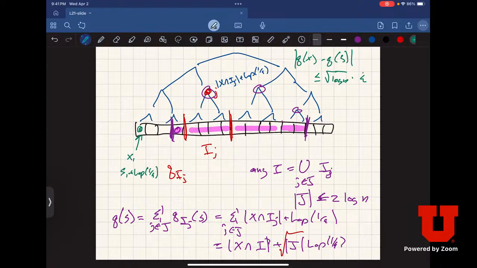So that's how much noise I have. If I want a lot of privacy, epsilon to be really small, I'm going to have more noise in my answer. If I want my answers to be very accurate, I'm going to lose some privacy, because I have to make the amount of noise I add to everything very small.